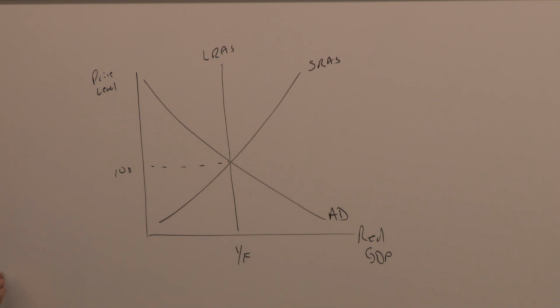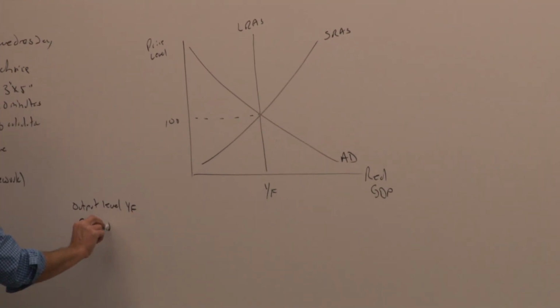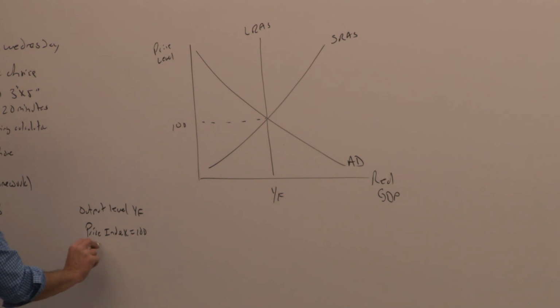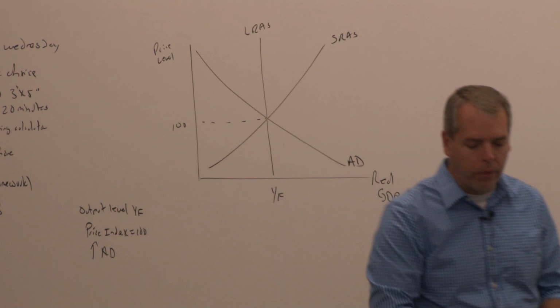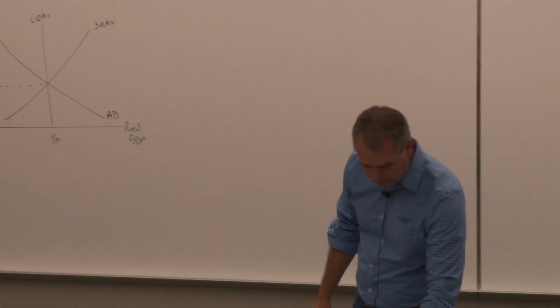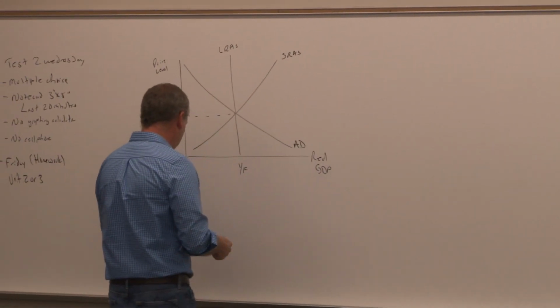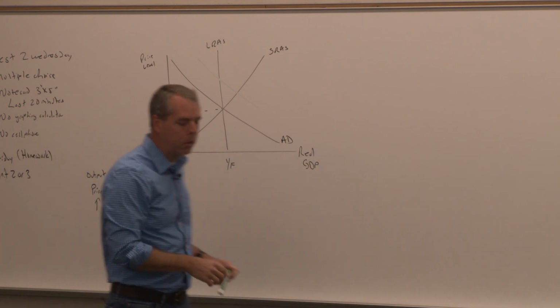So here we were at some output level YF, we had some price index equal to, say, 100. And we said, okay, what happens if we have some increase in aggregate demand? So we saw aggregate demand increasing, we see aggregate demand doing this.